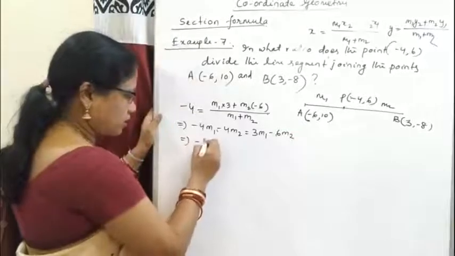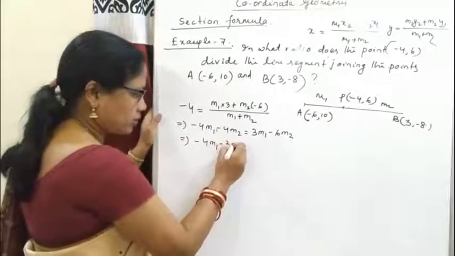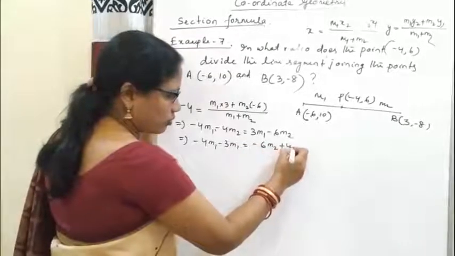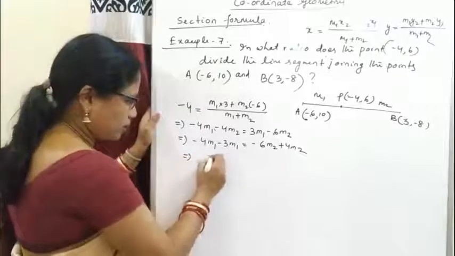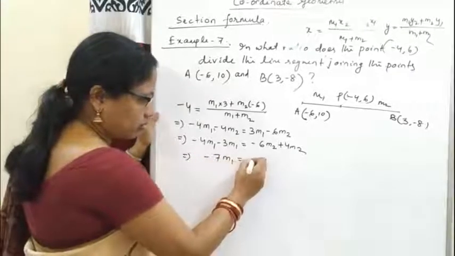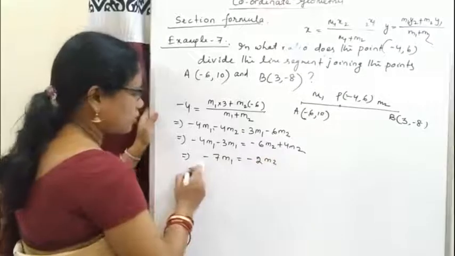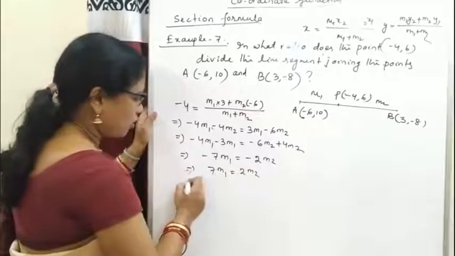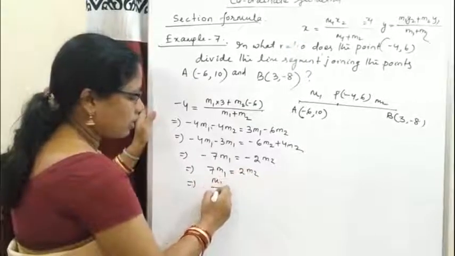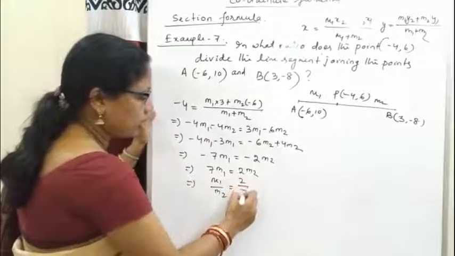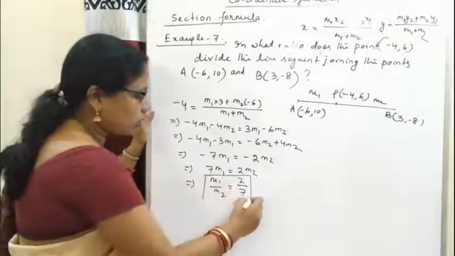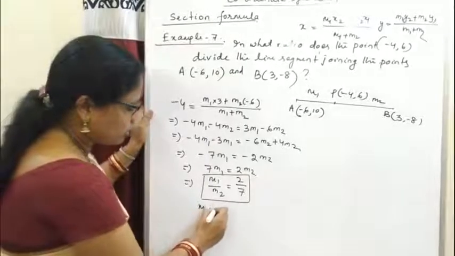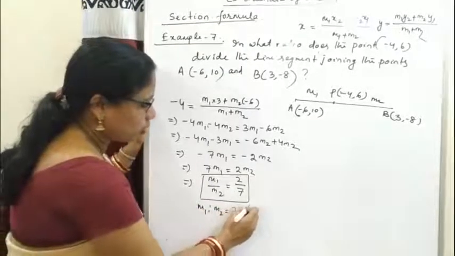So -4 m1 - 3 m1 is equal to -6 m2 + 4 m2. So -7 m1 is equal to -2 m2, so 7 m1 is equal to 2 m2. Or m1 by m2 is equal to 2 by 7. So we got the ratio m1 to m2 is 2:7.